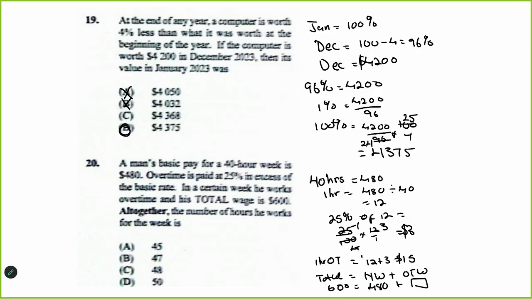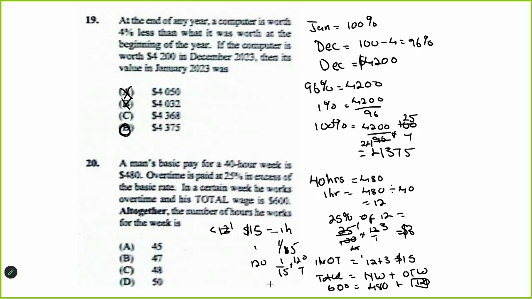So that some value is 600 minus 480, which is 120. So if $15 is for 1 hour, then $1 would be 1 over 15. Therefore 120 would be 1 over 15 multiplied by 120 over 1.